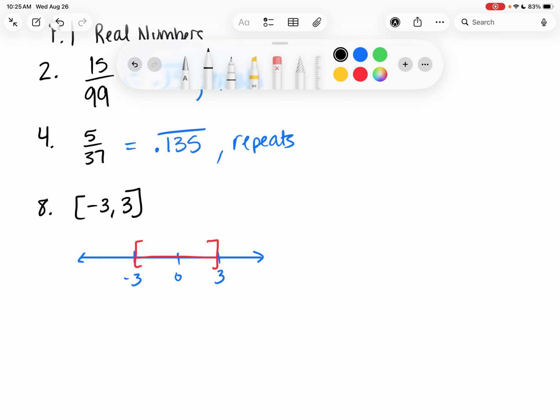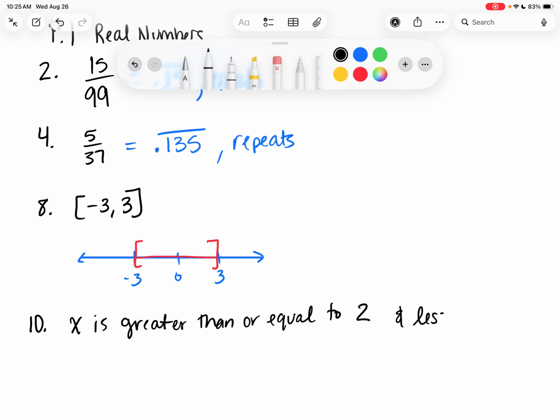All right, now the next one's written out in words instead. So number 10, I've got x is greater than or equal to 2 and less than or equal to 6.